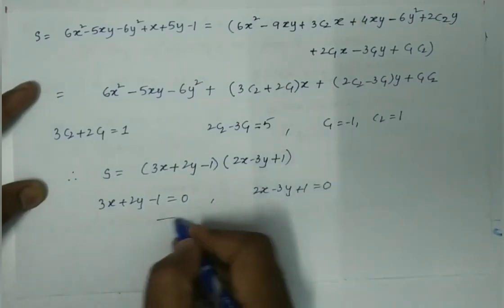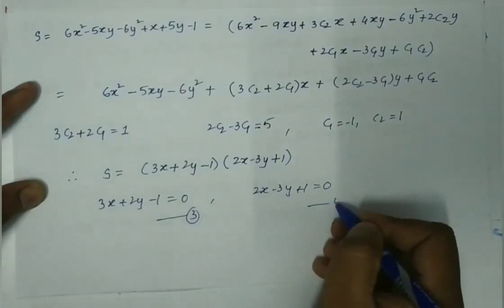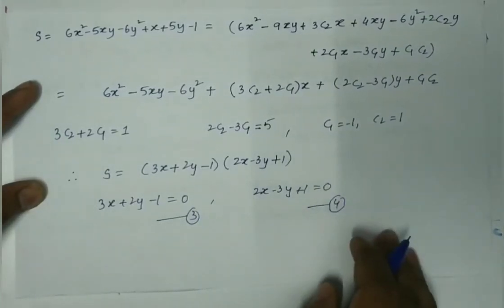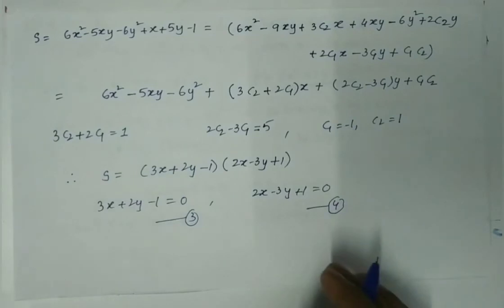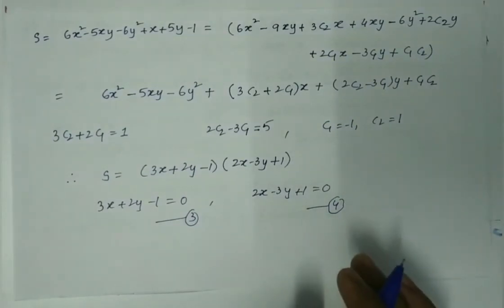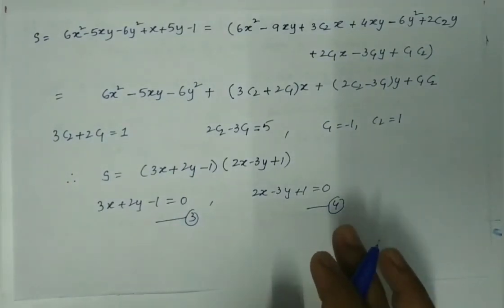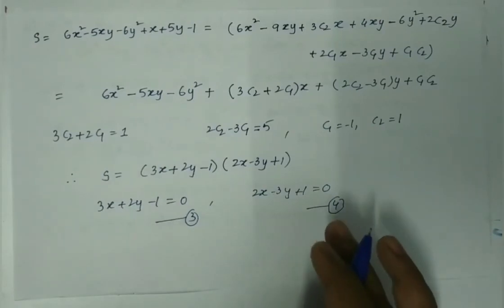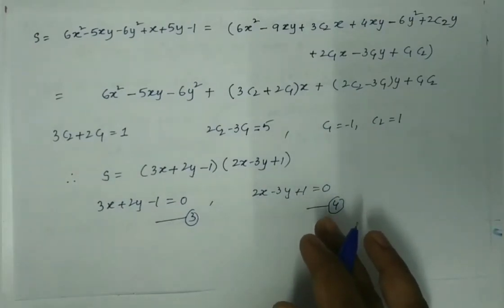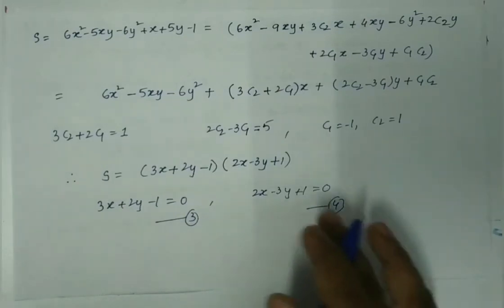Let us name these as equation 3 and equation 4. Now we want to show that these four lines, equation 1, equation 2, equation 3 and equation 4, form a square.